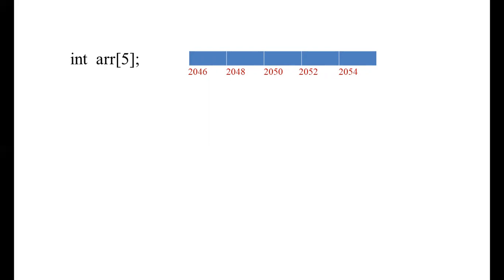Here we have taken the size of the integer as 2. That's the reason the base address is 2046, because arrays are linear data structures. Arrays are homogeneous data structures in sequential order. So it is 2046, 2048, 2050, 2052 and 2054.